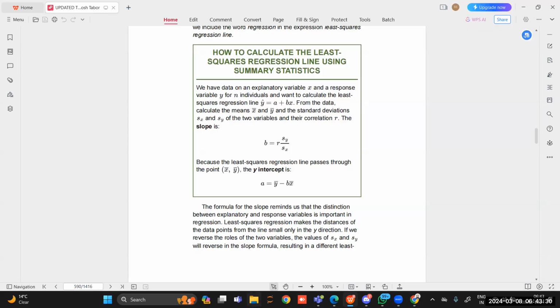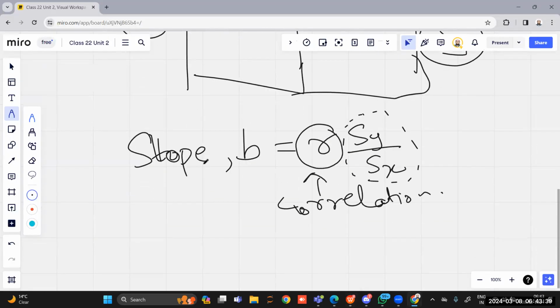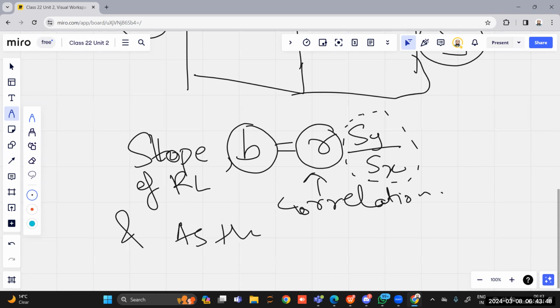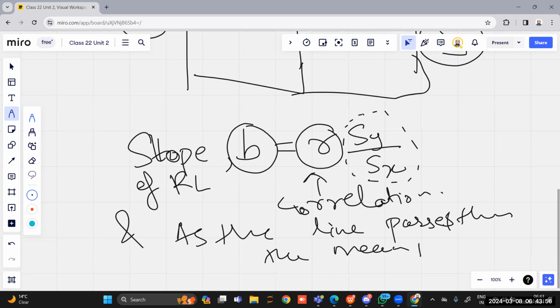Because the least square regression line passes through the point x bar comma y bar, the y-intercept is determined. You know that the regression line will pass through this point. This is the slope of the regression line, and he's telling that the line passes through the mean point, the point x bar and y bar.